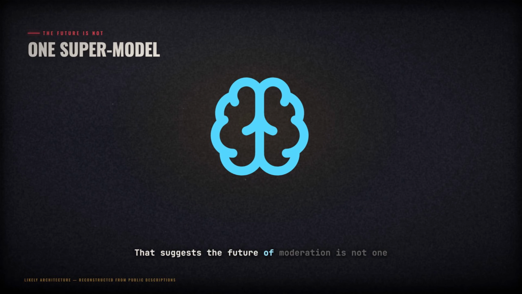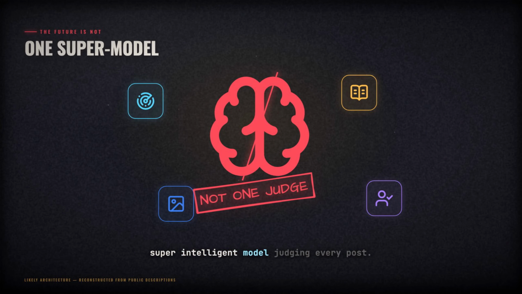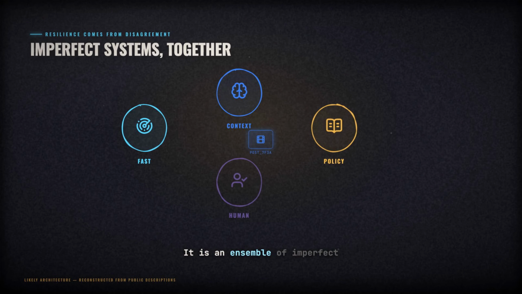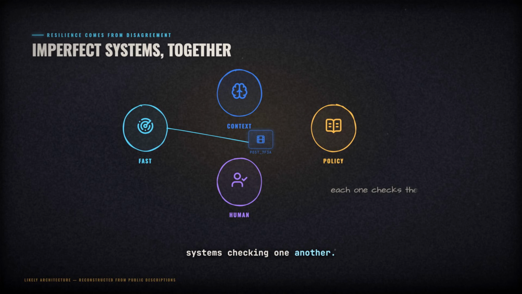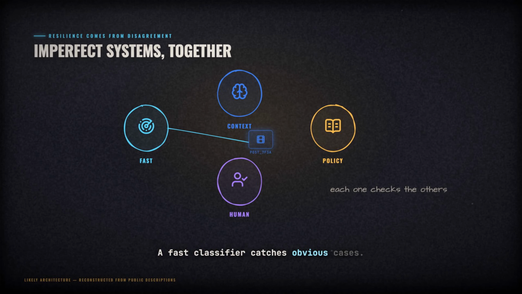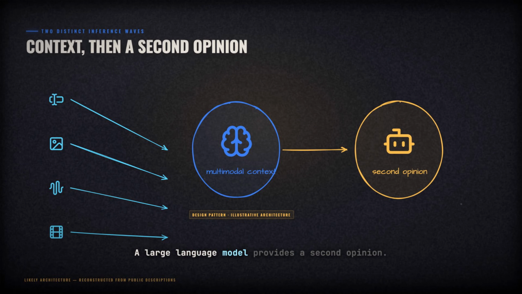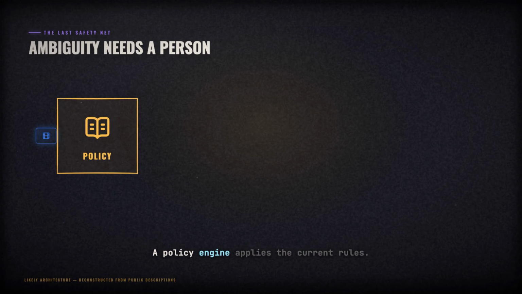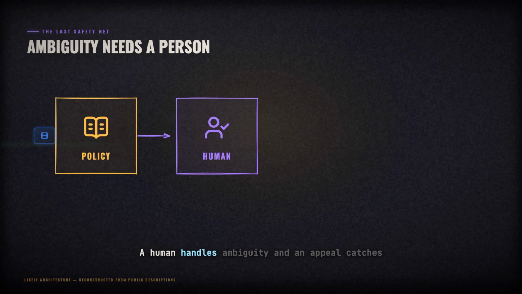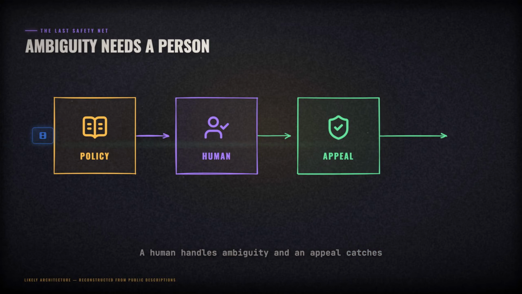That suggests the future of moderation is not one super intelligent model judging every post. It is an ensemble of imperfect systems checking one another. A fast classifier catches obvious cases. A multimodal model evaluates context. A large language model provides a second opinion. A policy engine applies the current rules. A human handles ambiguity. And an appeal catches what all of them missed.